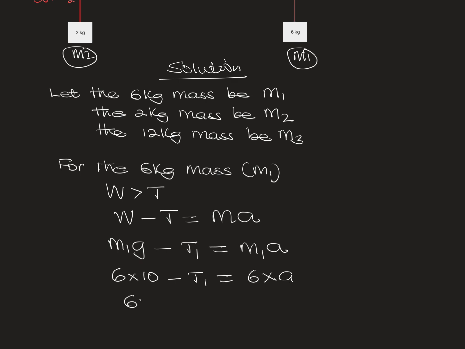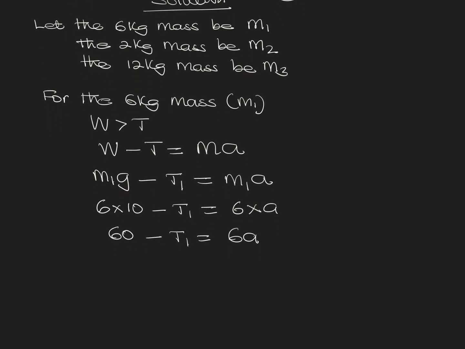So 6 times 10 is 60, minus T1 is equal to 6A. To find T1, we can say 60 minus 6A is equal to T1. Therefore, T1 is equal to 60 minus 6A. We can call this equation 1.